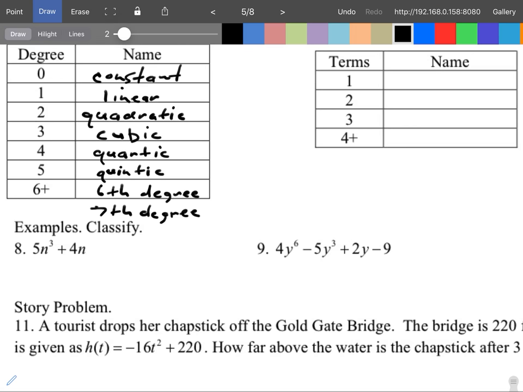And then by its number of terms. If it's got one term, we've already said that's called a monomial. If it's got two terms, it's called a binomial. If it's got three terms, it's called a trinomial.